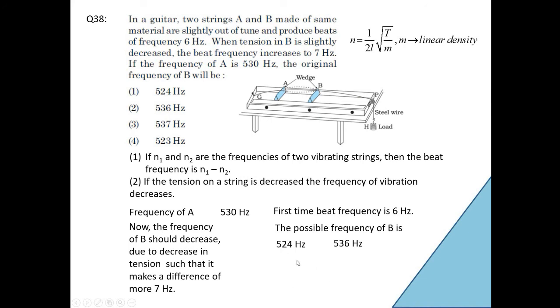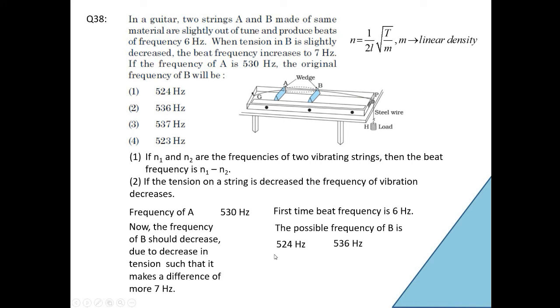To make sure which is correct, you just think this way. Suppose it decreases from 524 to 523. 530, 523, subtract, you find the difference: the second time beat frequency is 7 Hertz. The beat frequency increases to 7 Hertz. But if it decreases from 536 to 535, then the beat frequency for the second time will be 5 Hertz.